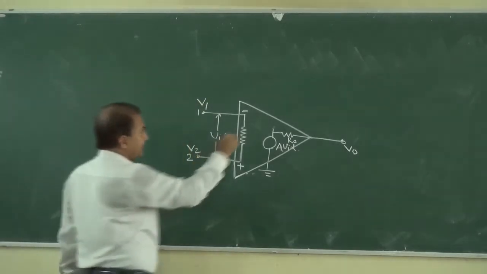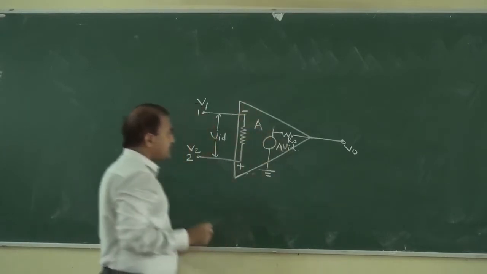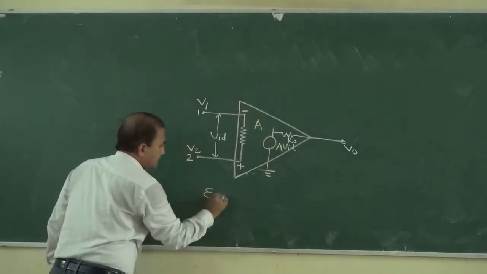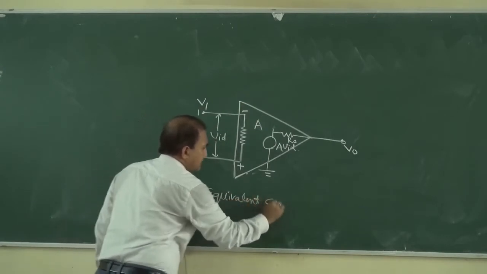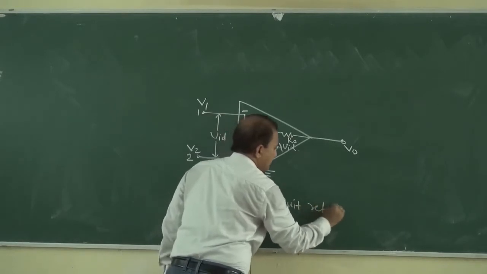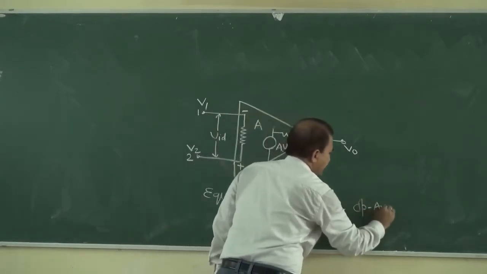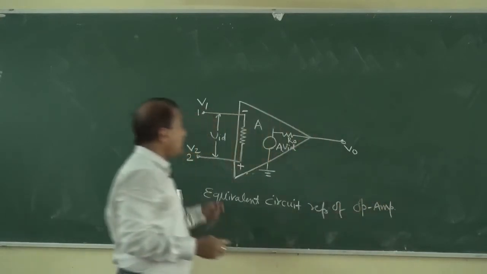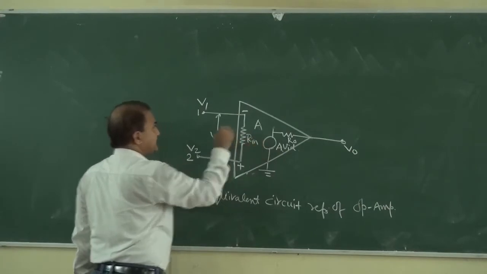The gain of the operational amplifier is A. So this is the equivalent circuit representation of the operational amplifier. In this circuit, this is the input resistance.